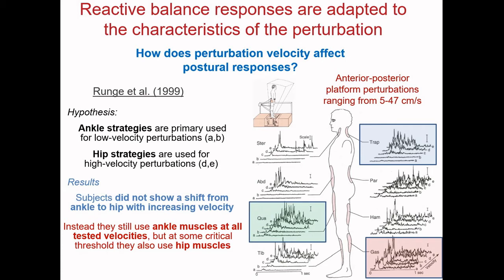Now, if we look at the activation of the quadriceps that I've just highlighted in green, we see that this particular hip strategy muscle is not recruited during low velocity perturbations, but it is recruited for higher velocity perturbations. These results support the conclusion that reactive balance can involve a combination of blending of hip and ankle strategies.